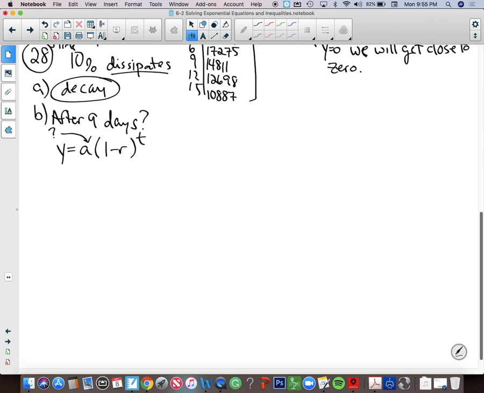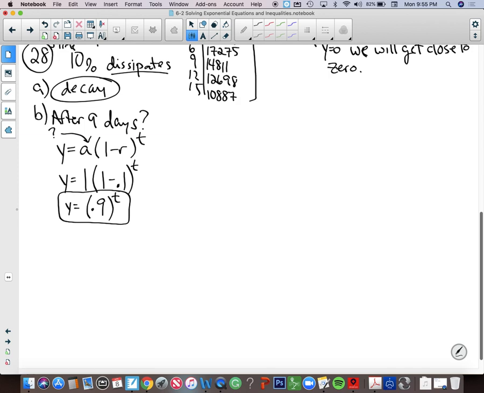So let's just say that my initial amount is 1 pill because that's all I took. So 1, and then we have 1 minus r, and r is 0.1, 10%, to the t power. 1 times anything doesn't make a difference, so it'd be 0.9 to the t power, or x, whatever you want to call it. So that's the equation to model the situation.